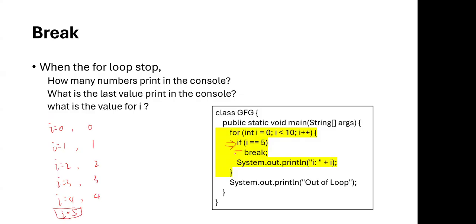If I is 5, we break. That means the whole for loop is no longer valid. And then we break it and we jump to the nearest line after the for loop. And here we don't have I is equal to 5, but we have the out of loop line here. That's it.